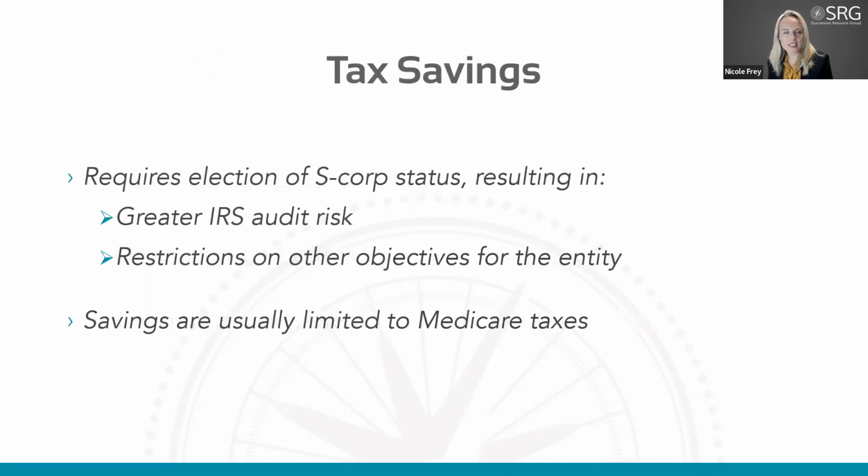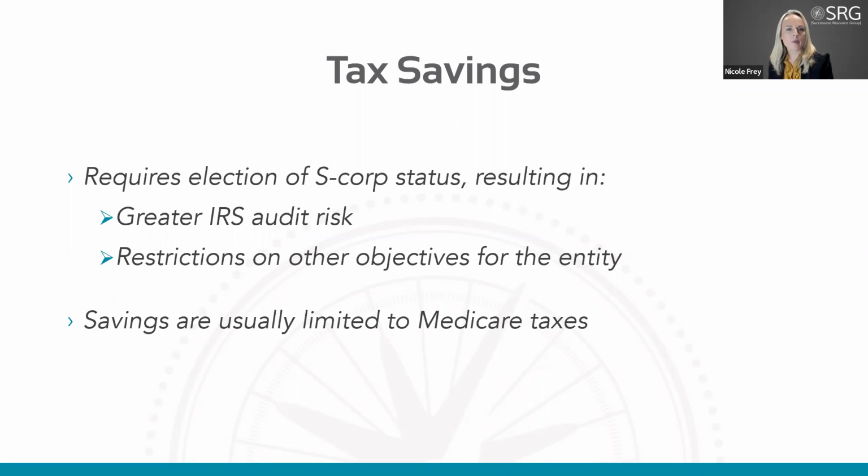And last but not least, the tax savings component. So this really just applies if you made the S Corp election, or for some of you, if you have a C Corp, there is some tax savings there. However, the C Corp also opens you up to double taxation, so I don't see that a lot in this industry.